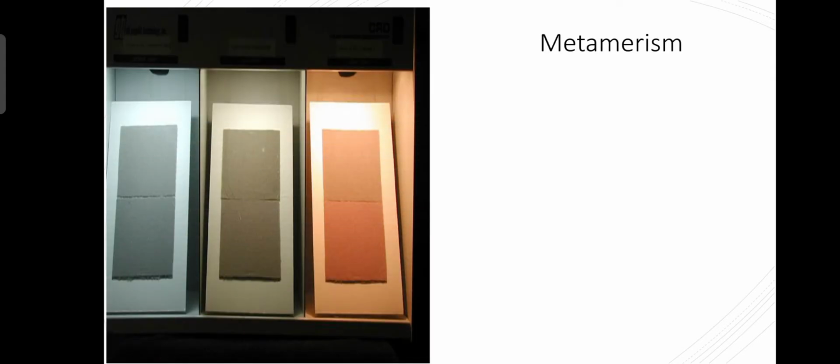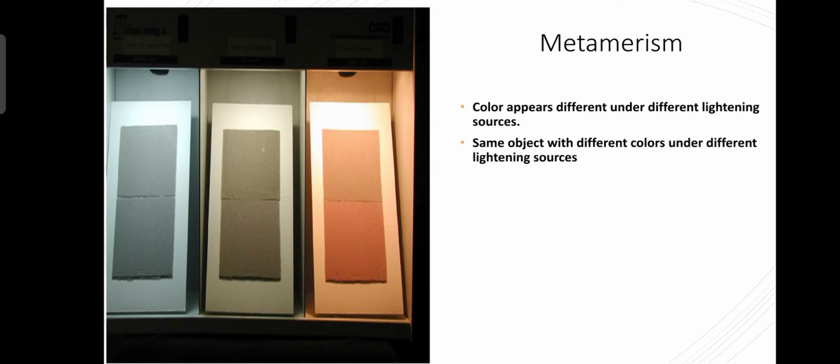Here in the photo, we have one object with one color, but under different lighting sources, it gives different colors. So metamerism means the color or the object appears different under different lighting sources. Same object with different colors under different lighting sources. This is metamerism.